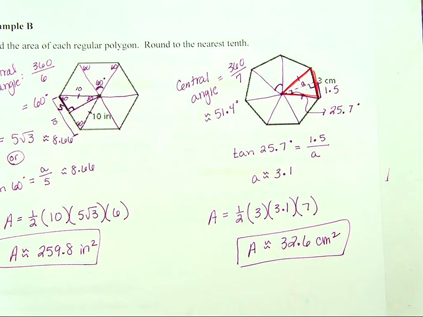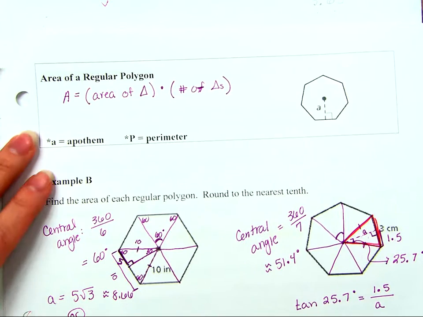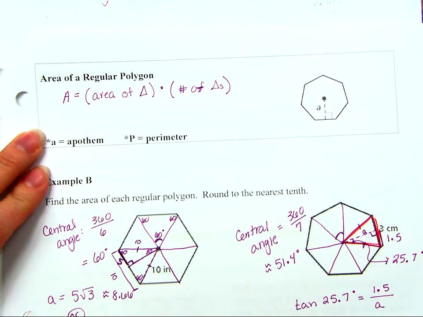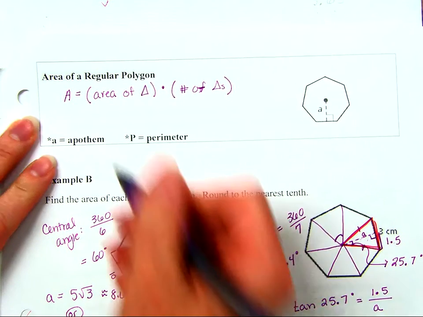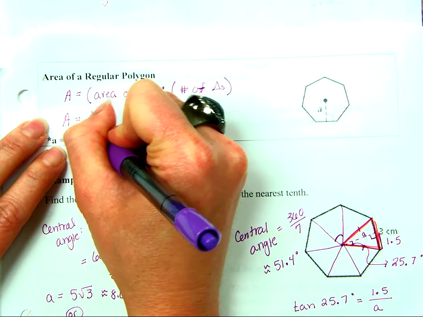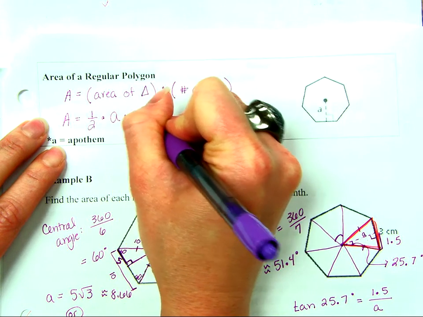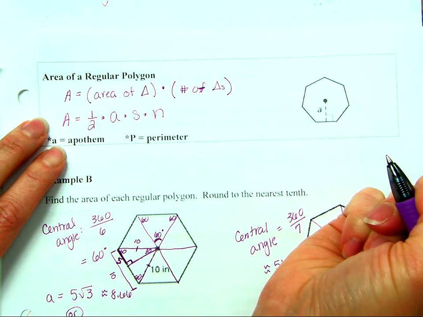Okay, so a lot of work goes into that, but you're really just using your trig and finding the area of a triangle. Now I'm going to tell you that in our book, they would give us a formula for the area of a regular polygon, and it would look something like this. Area equals 1/2 times A times S times N. What does that mean?